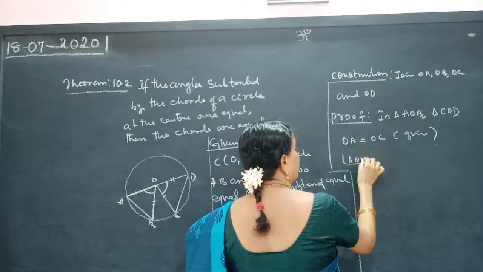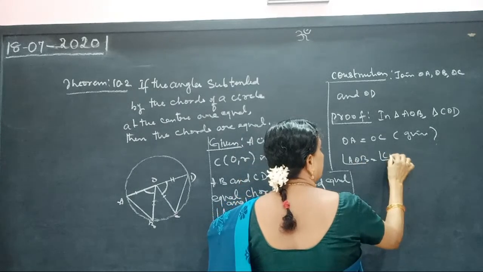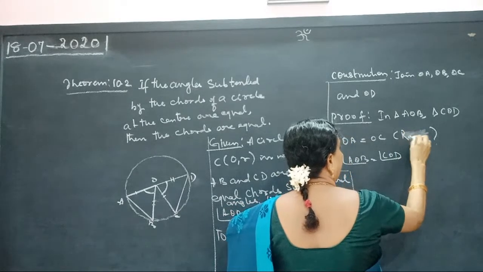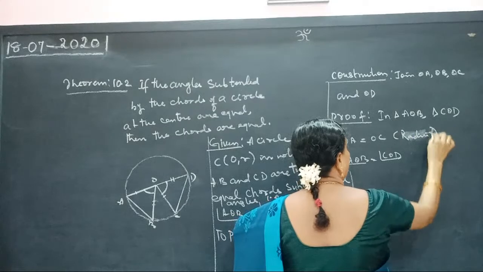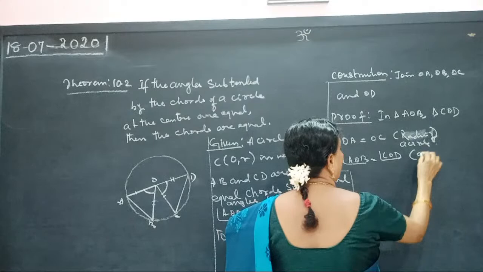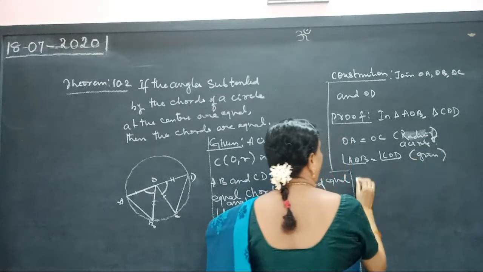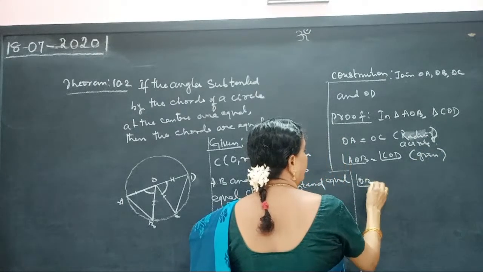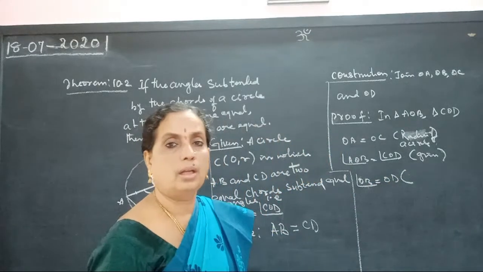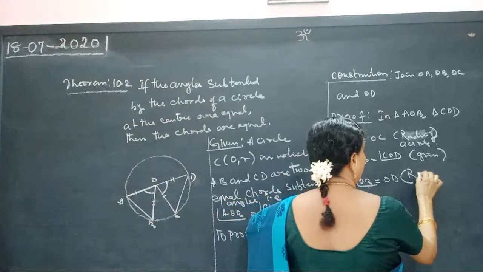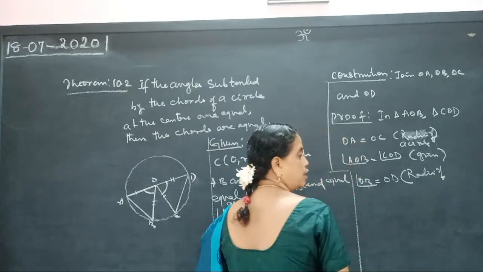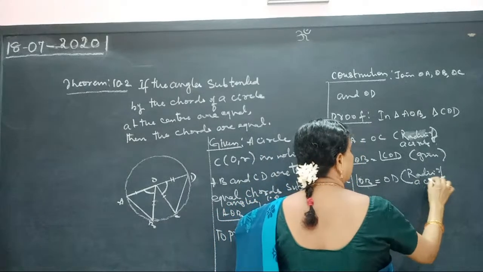Angle AOB equals angle COD. It's not given here; it should say radii of a circle. Here, for this, you have to write given again. Then OB equals OD, same reason, they are the radii of the circle. Radii means plural form of radius. Radii of a circle.